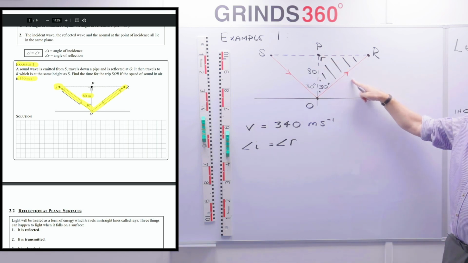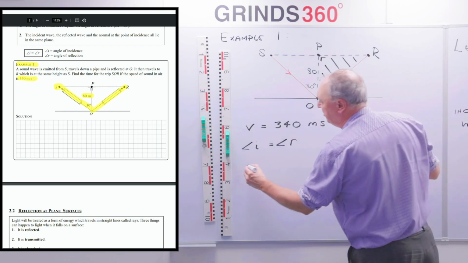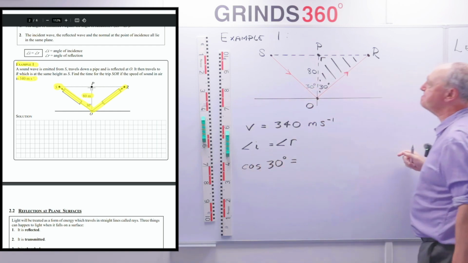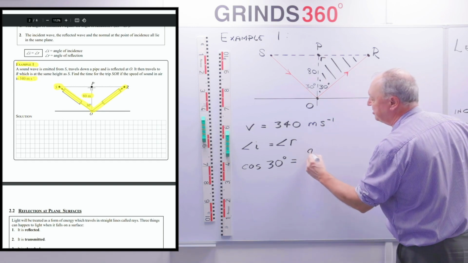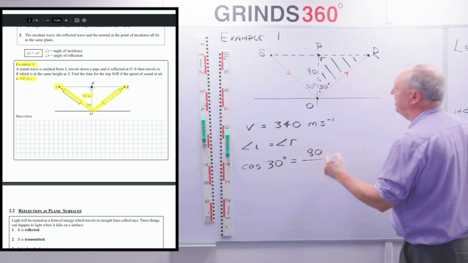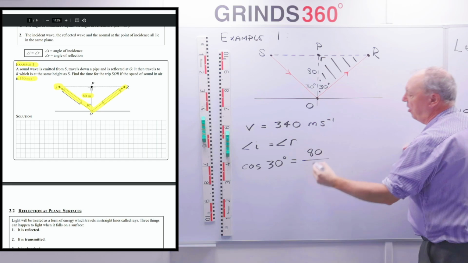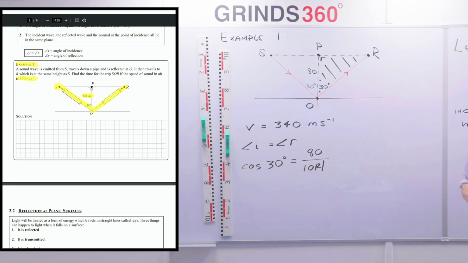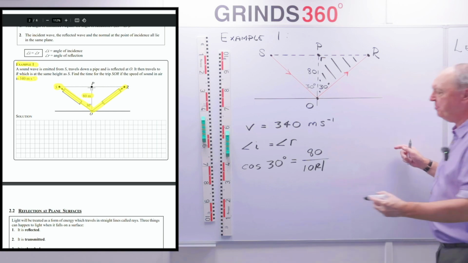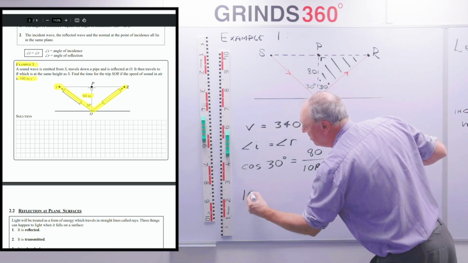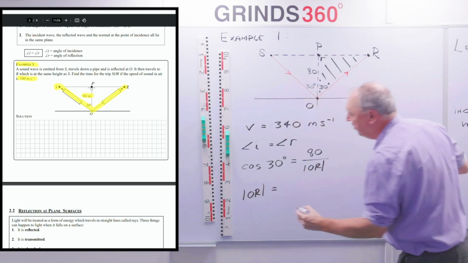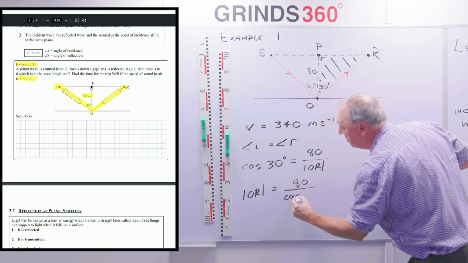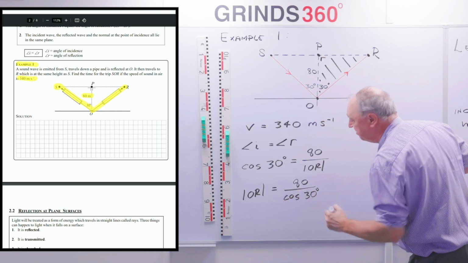So it sounds like cos to me. Cos 30 degrees is equal to the adjacent, 80, divided by the distance OR, which I write down like this. I want to find OR, so slide the OR up and the cos 30 down. So OR is equal to 80 divided by cos 30 degrees.